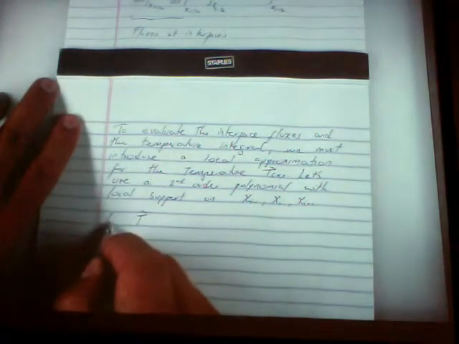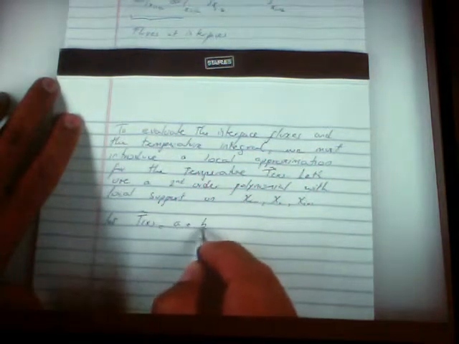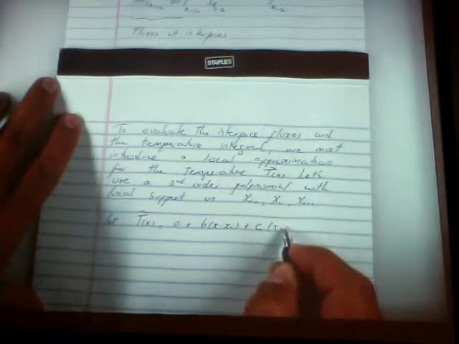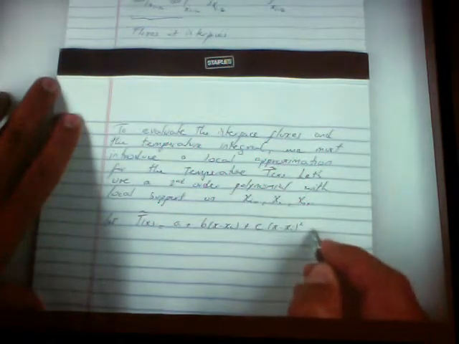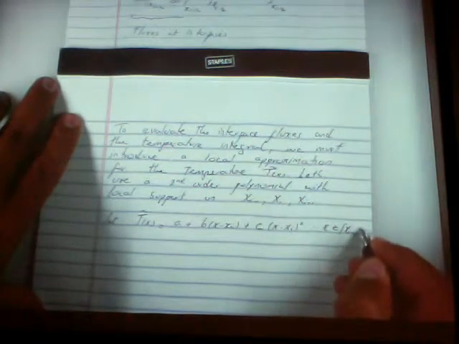So in that range. So basically, let T of x be equal to a plus b times (x minus x_i) plus c times (x minus x_i) squared, same thing we did last time, such that x belongs to the interval between x_i minus 1 to x_i plus 1.